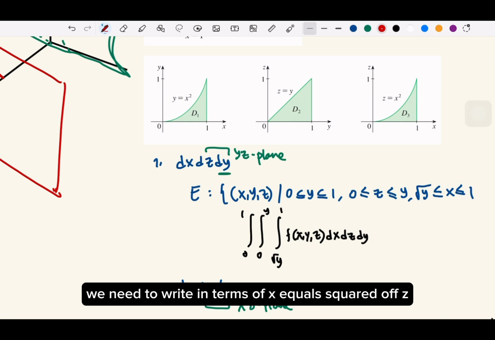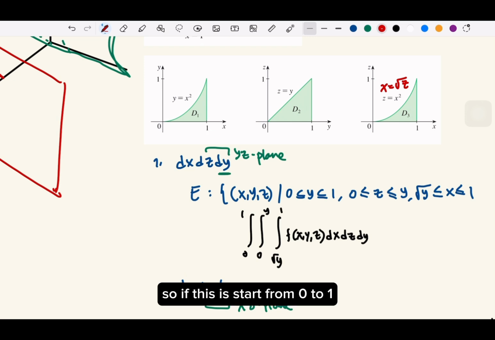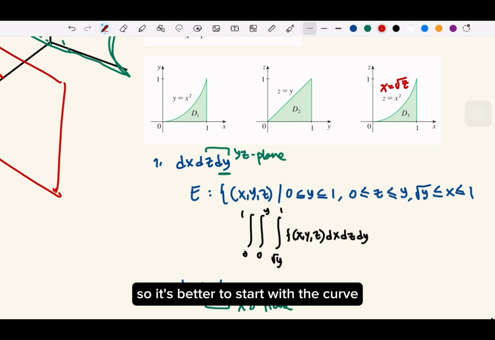If z starts from 0 to 1, now what would be better to state for x, which is going from left to right? It's better to start with the curve and end up with x equal 1. I hope that's clear.